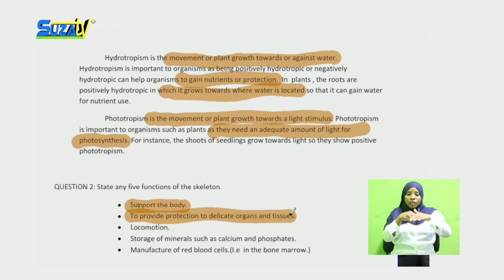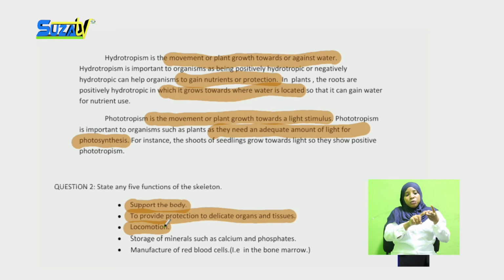For instance, the brain is encased inside the skull, and the heart and lungs are encased by the ribs, so the bones provide protection against injury for these delicate organs, which would be very problematic if any damage happened to them.